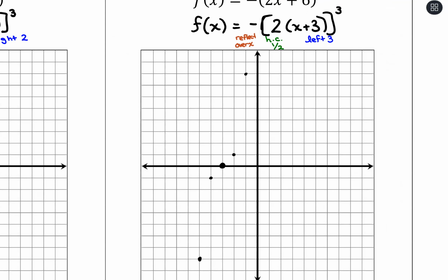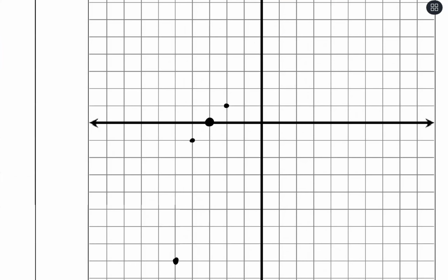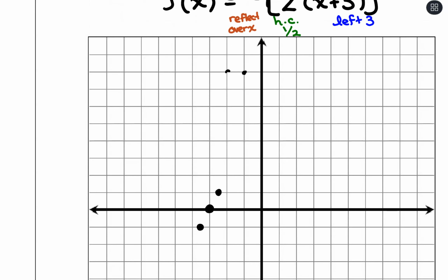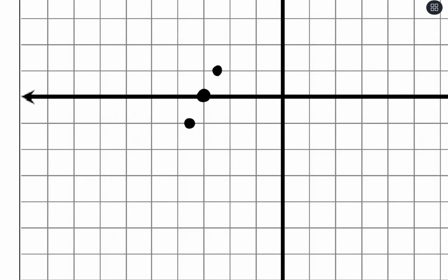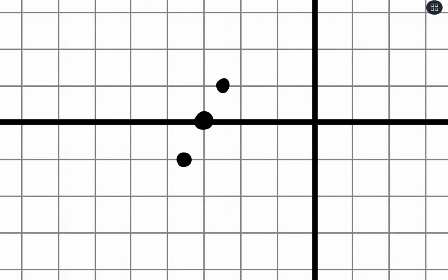So we are going to have horizontal compression by 1/2. So what we could do is like we did on that previous one. We're going to bring it in by half that distance. Instead of 2 away, it's 1 away. And then what we need to do is reflect. So this point down here is going to move up here, and this one down here.